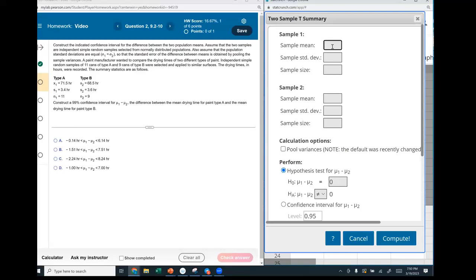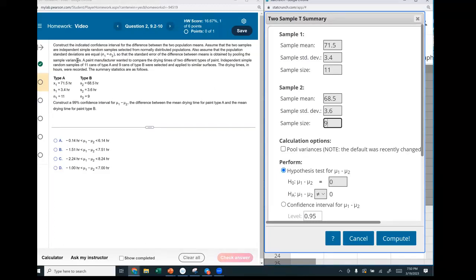So for sample 1, my mean is 71.5, my standard deviation is 3.4, and my sample size is 11. For B, it is 68.5, 3.6, and 9. Now, it tells us here that we can also pool them.